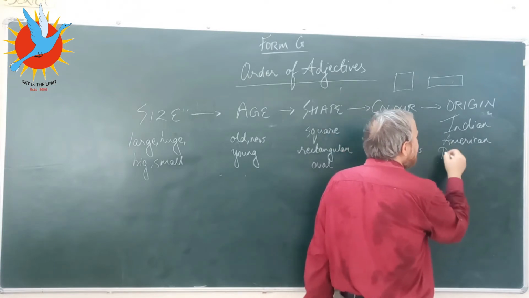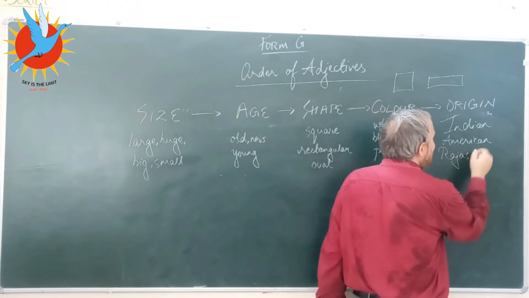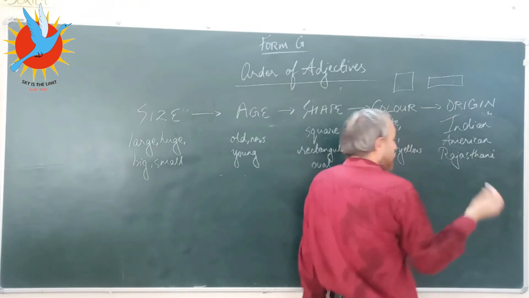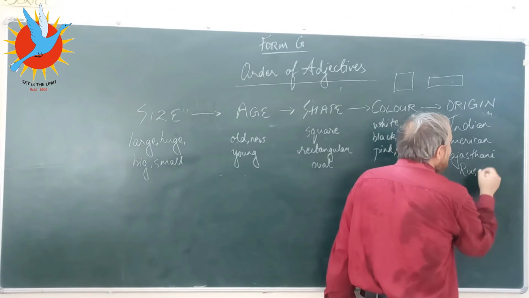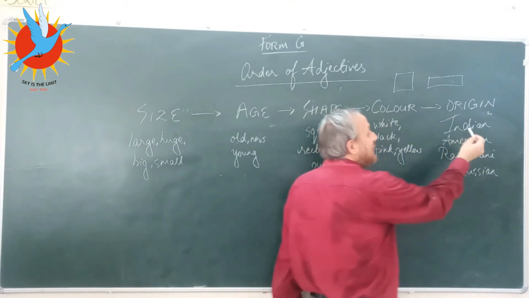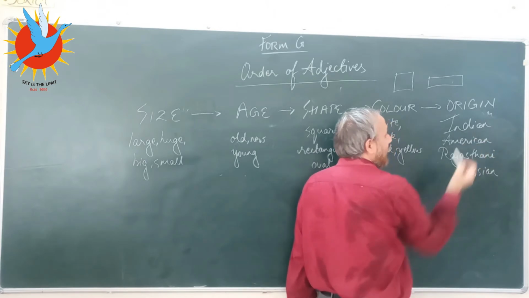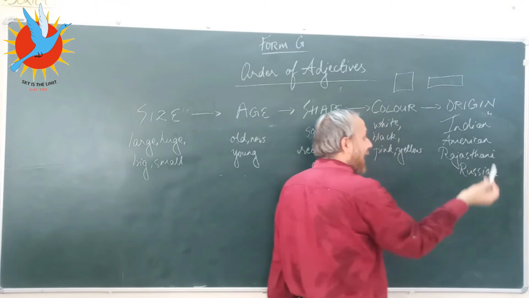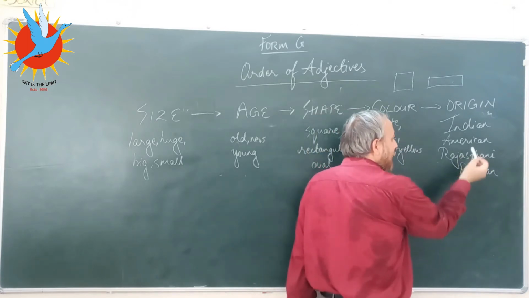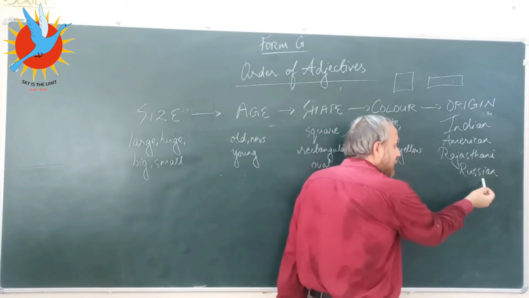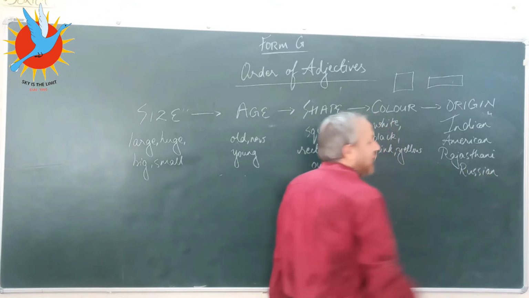So let's say Rajasthani, or let's say Russian, means that thing has come from the country of Russia. Or that thing is from where? From India. That noun is from where? Or has been made where? Is made in America. This is the source, Rajasthan. The source is the country of Russia.